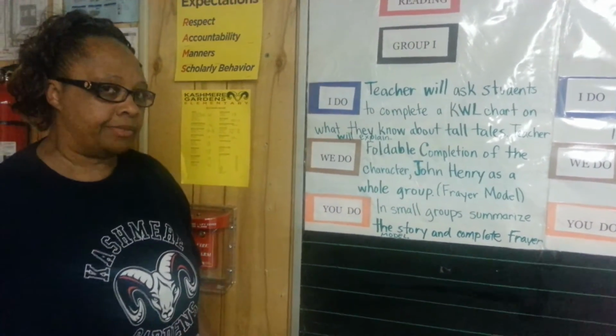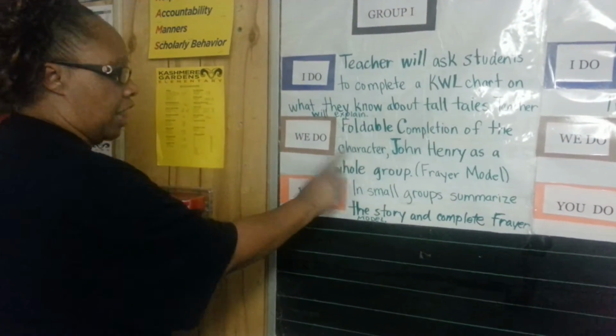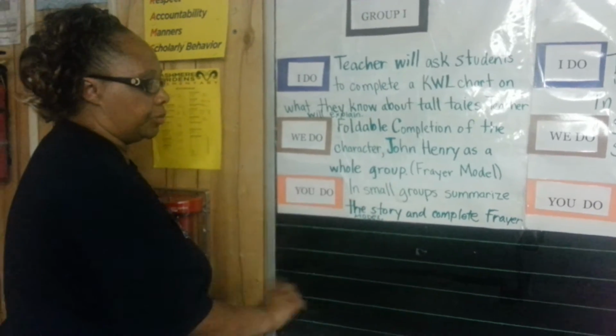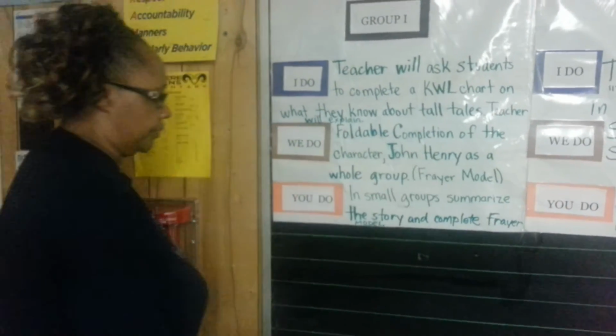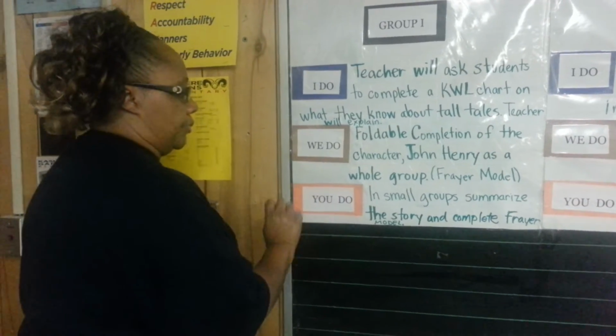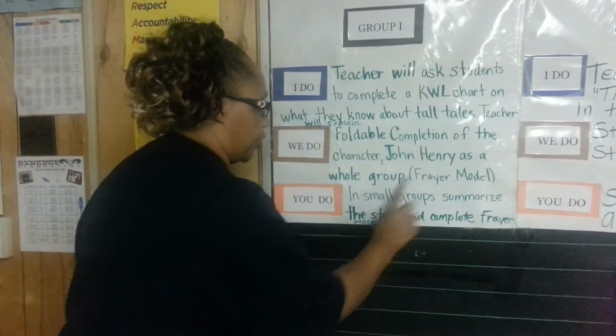Teacher will explain. The next step would be a foldable completion of the chapter character, John Henry, as a whole group, using the Frayer model. Last but not least, I'm going to tell the students, you do. In small groups, they're going to summarize the story and complete a Frayer model.